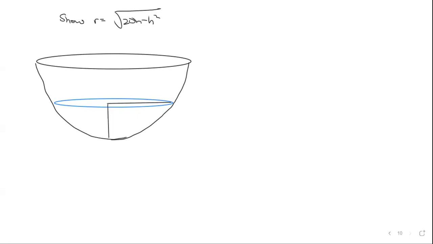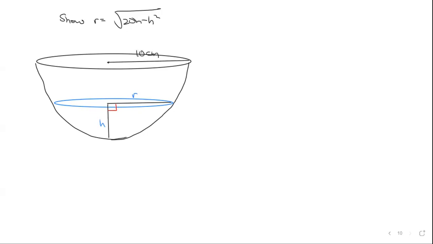The measurements of the water are in letters r and h, but the ones that relate to the bowl are fixed, because after all, the bowl's not changing in size. So that's 10 centimeters.